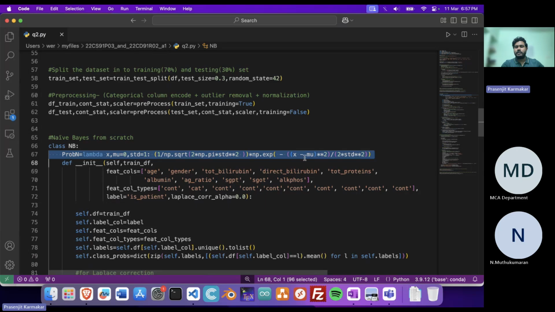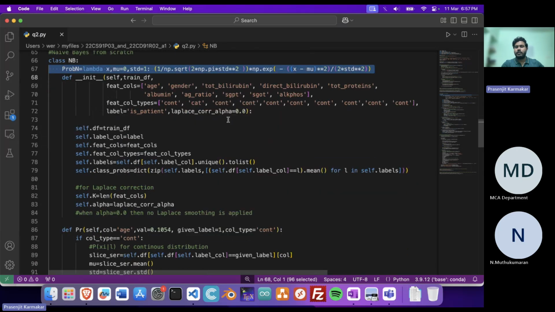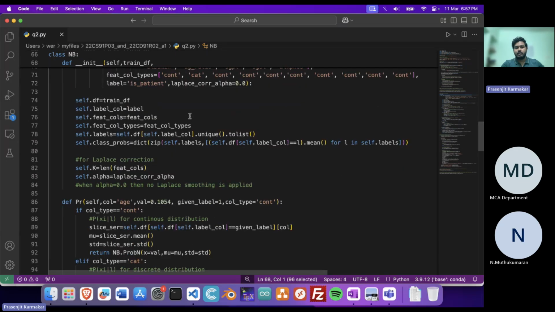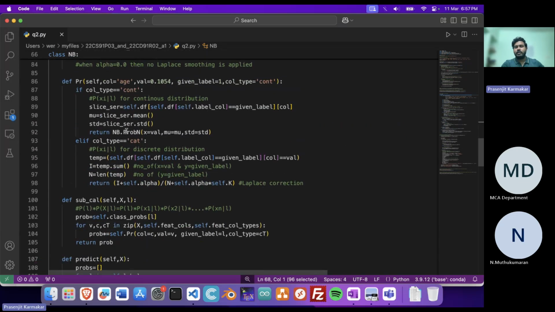That's the equation for normal distribution given mu and sigma, that is mean and standard deviation. So that we are using to get the probability for that particular feature value x, whatever feature value you pass during prediction. You pass a value, you get the mean and standard deviation from the data, and compute the probability.